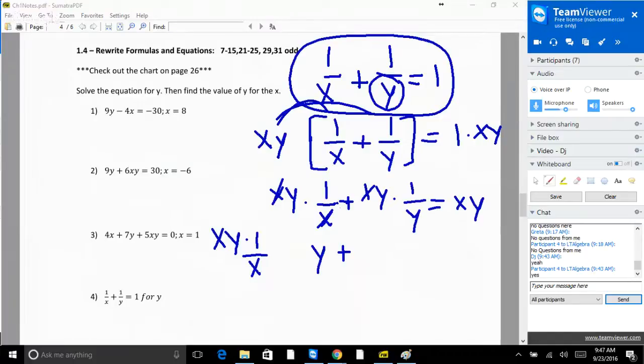So I have an x in the numerator and 1 in the denominator. So I can cross off those x's, right? And then in my second term, I have x times y times 1 divided by y. So I can cross off my y's. And I'm left with x equals xy.